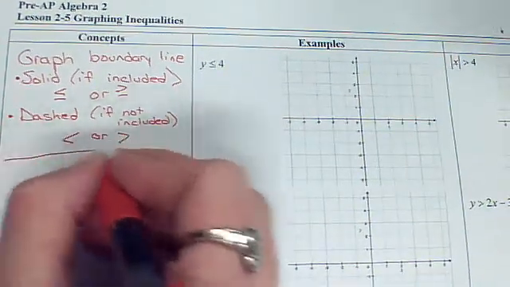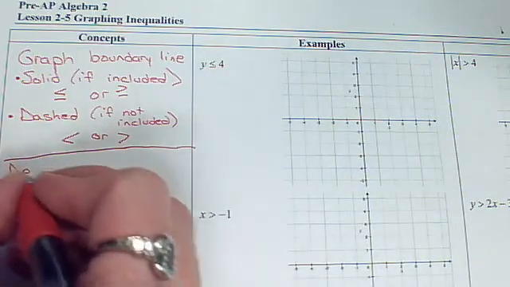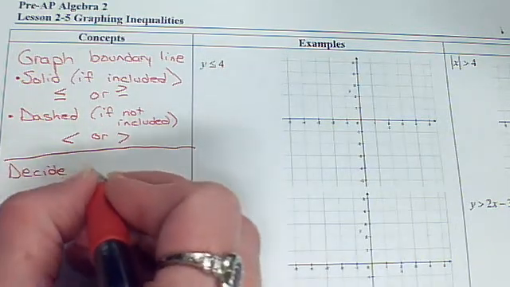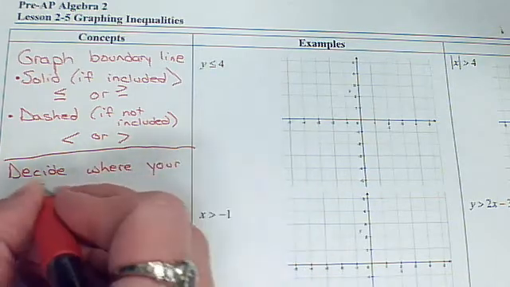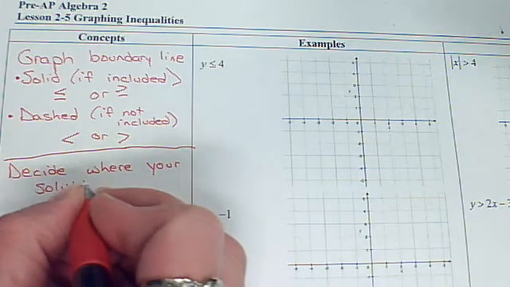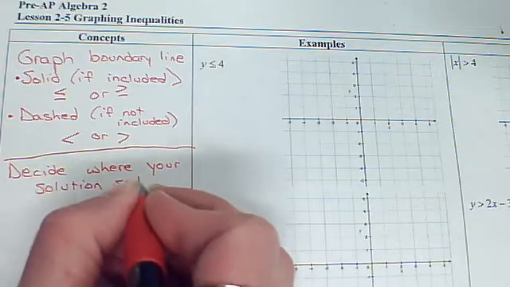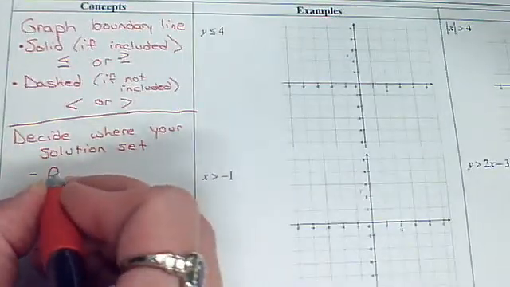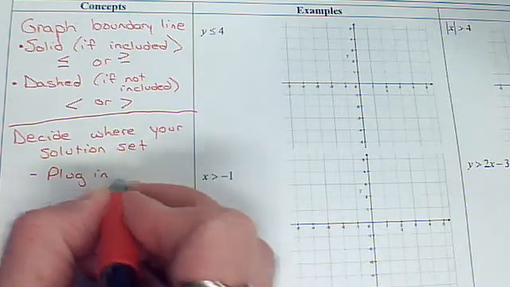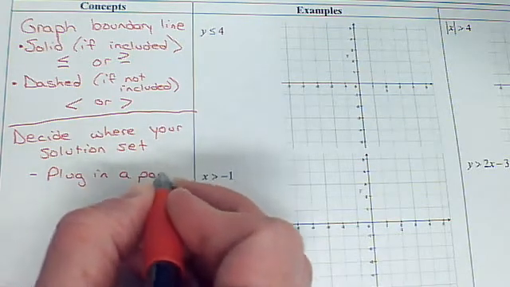Now, the next thing is to decide where your solution set is. What makes that inequality true? Now, an easy way to do that is plug in a point or a value.